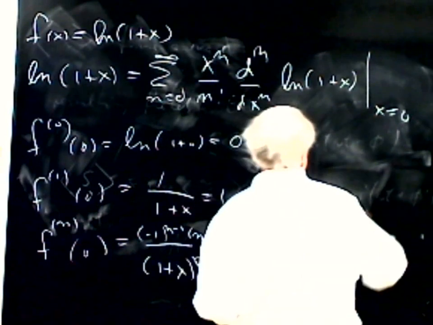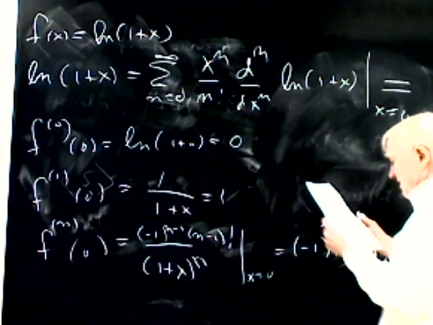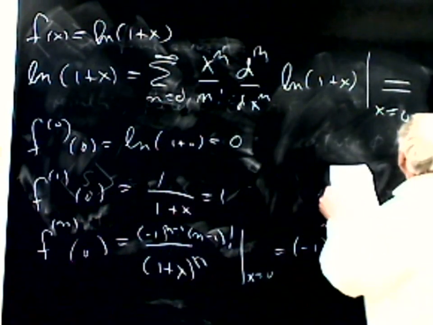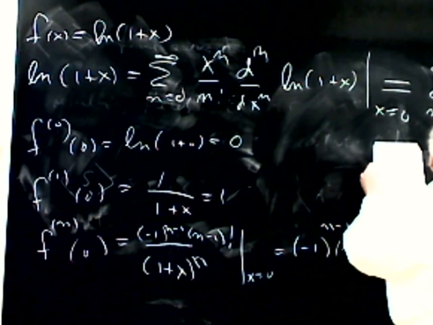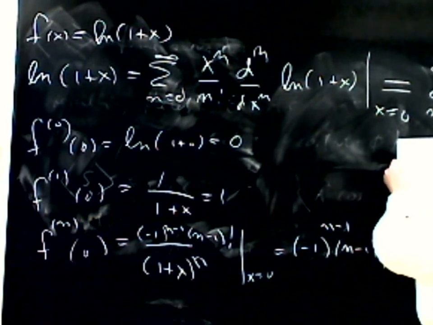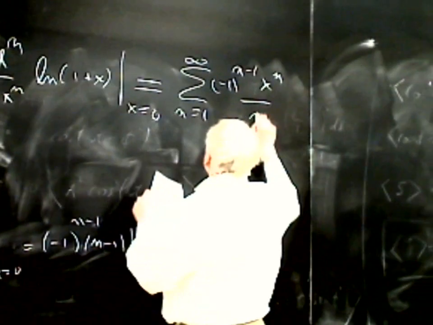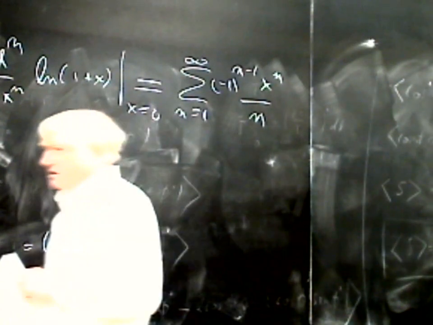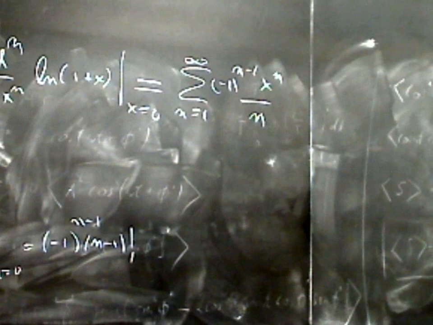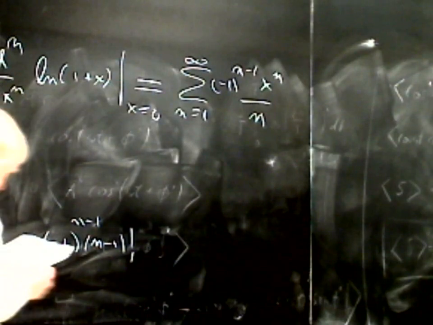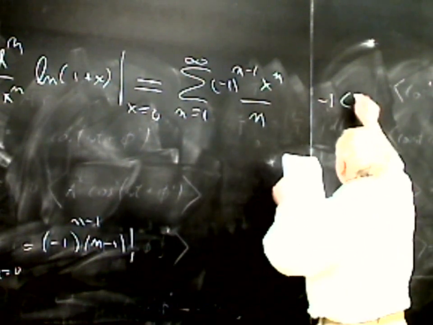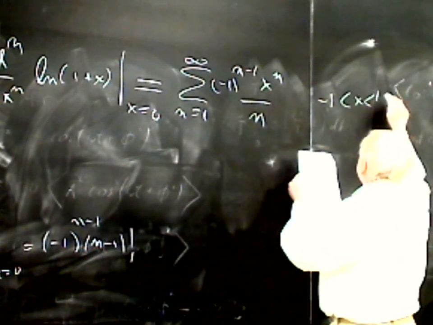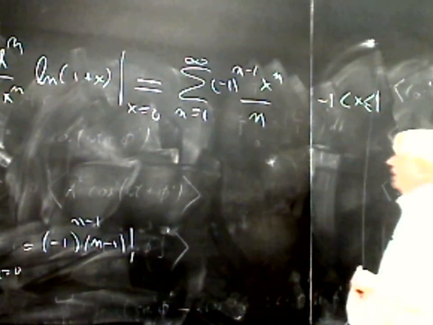Anyway, one eventually gets that this is the following power series: the sum from n equals 1 to infinity of minus 1 to the n minus 1, x to the n over n. You see that's a slowly convergent series because it's just 1 over n. And it turns out it converges for minus 1 less than x less than or equal to 1.